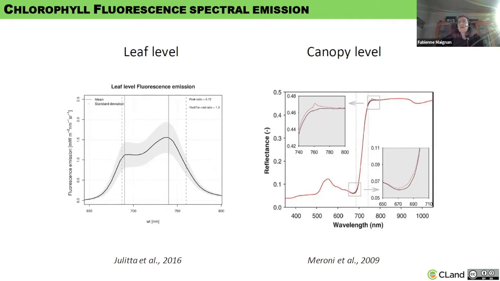The reflectance spectra at the canopy level is the ratio between the reflected radiance and the incoming radiance. And if you add the fluorescence signal, you have the red reflectance. So you see, we are looking for a very, very tiny modification. And so you can expect that the SIF measurements will be associated with a large noise.